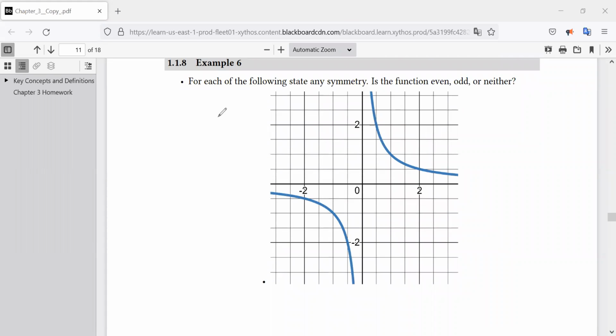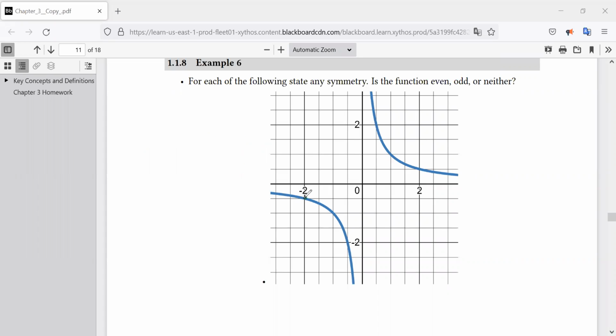So does this have either of those types of symmetries? Let's pick a few test points, and maybe that'll give you a hint. One's an easy one: f of 1 is equal to 1, which is equal to negative f of negative 1, because negative 1 times negative 1 is 1.